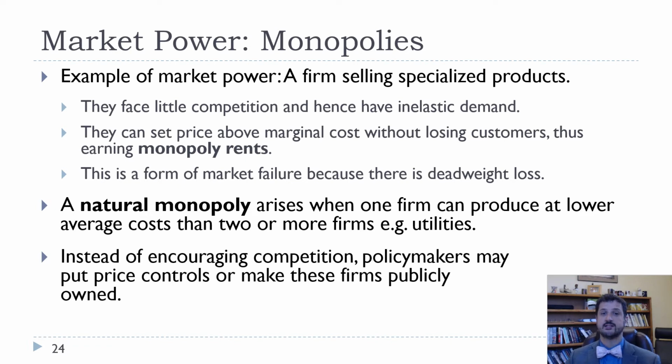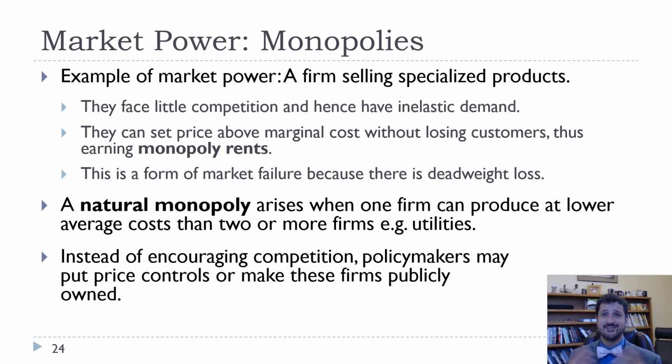There are some cases where there will be a natural monopoly, and basically a natural monopoly arises when fixed costs are so high and marginal costs are so low that the average cost is always falling. And if that's the case, then it's cheaper for one firm to produce than two. So utilities, power distribution, water distribution are good examples of natural monopolies. It's possible that some of the network effects that we talked about earlier also result in natural monopolies.